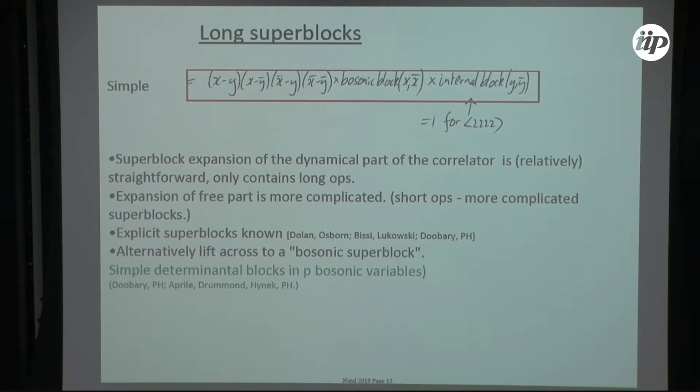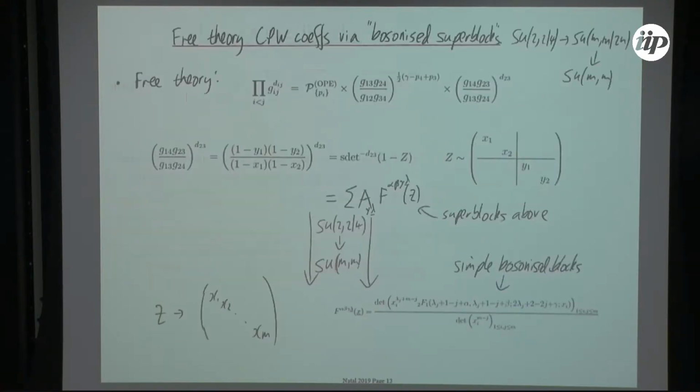My favored approach to dealing with the free theory and the protected sector is to uplift as follows. You can lift the whole story of superblocks to an SU(m/2n) theory instead of an SU(2,2/4) theory.